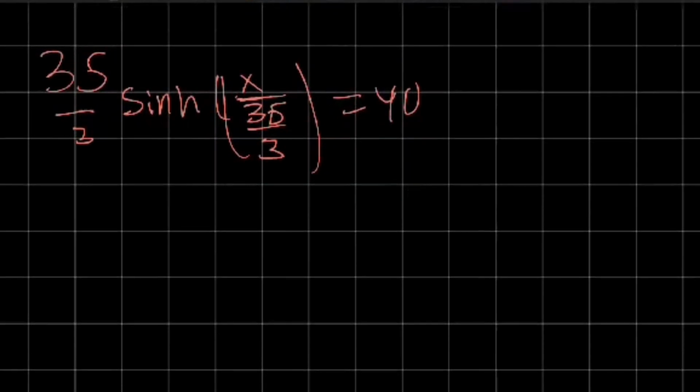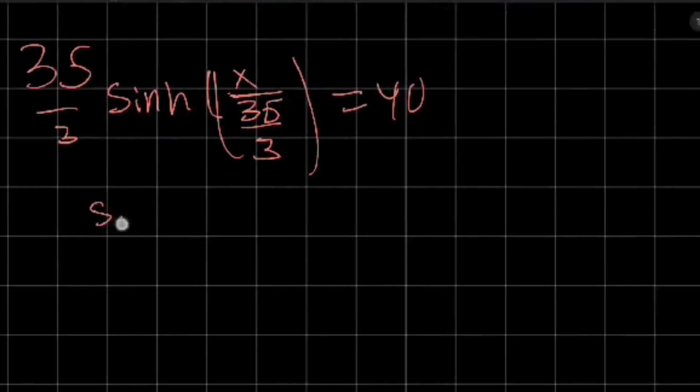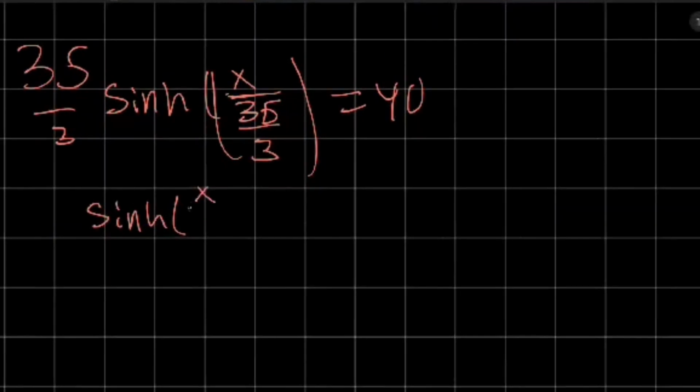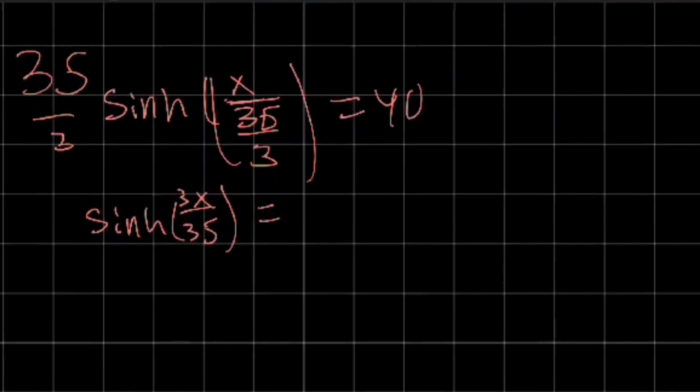That's going to go to the other side, so we're going to have sinh of 3x over 35 equal to 40 times 3 over 35. That's going to give you 24 over 7.